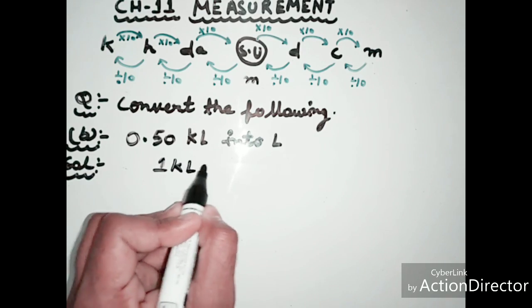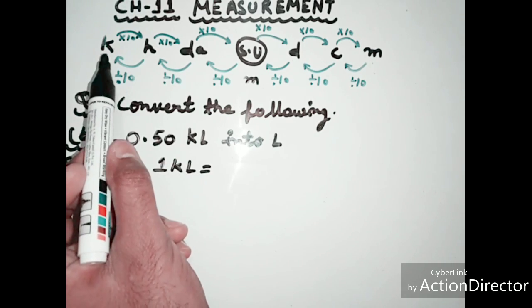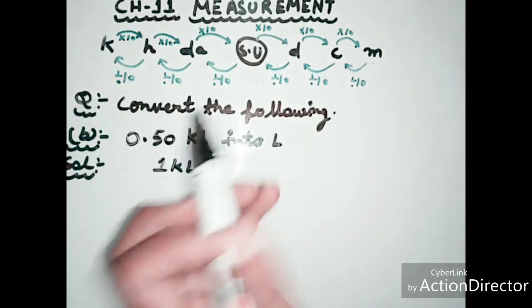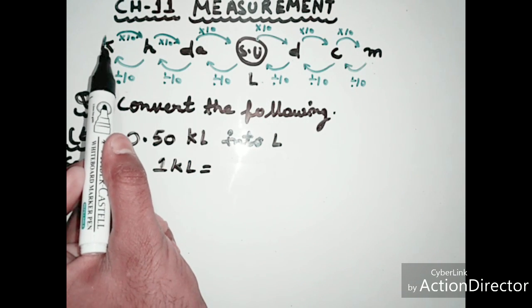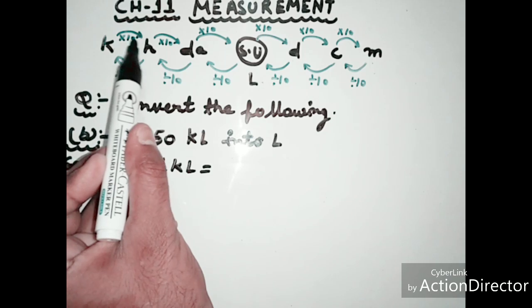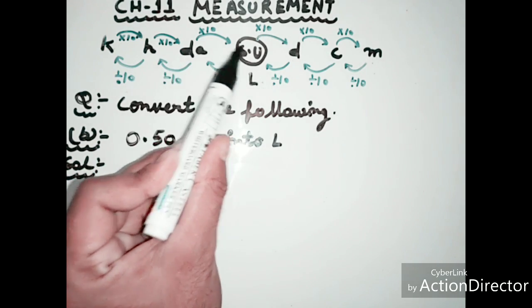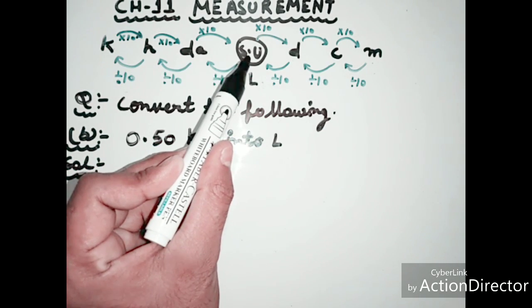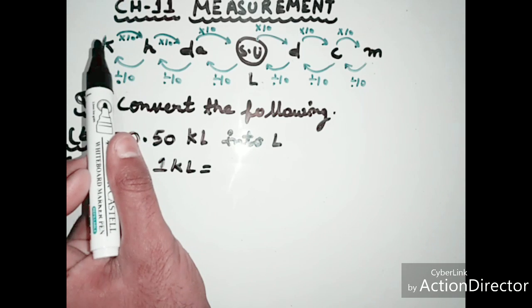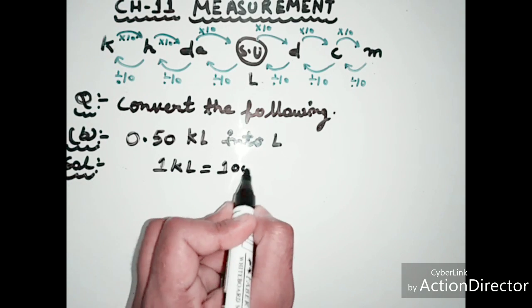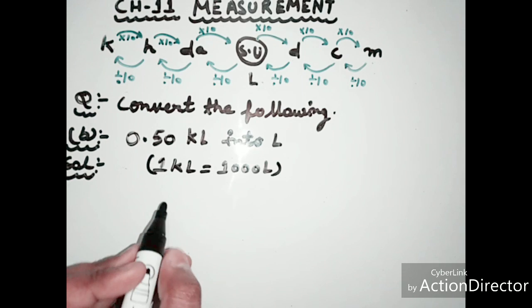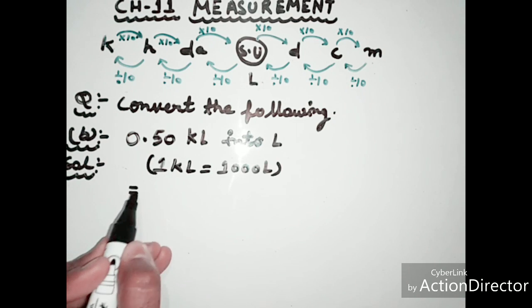So 1 kiloliter equal to, if we take a standard unit liter here, so kiloliter is here and it moves 1, 2, 3 places to right hand side, and here we move higher to lower units. So 3 places means 1000 liter. So 1 kiloliter equal to 1000 liter.